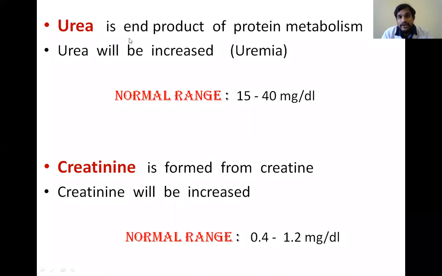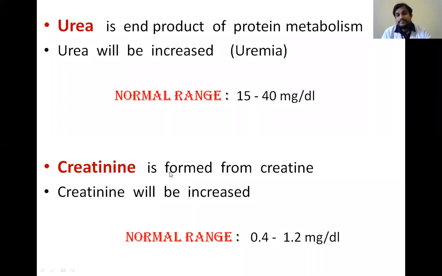Coming to urea, we know urea is the end product of protein metabolism, which is formed by the urea cycle. When this urea is not eliminated by the kidneys, it leads to increased urea levels in the blood, which is known as uremia. This urea will interact with different protein metabolism and leads to different toxic effects in renal failure. The normal range is 15 to 40 milligram per deciliter.